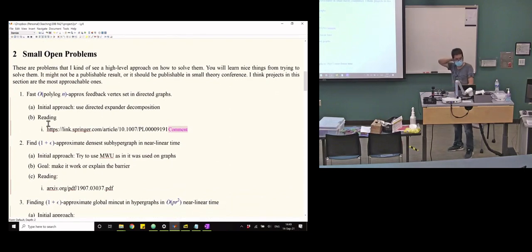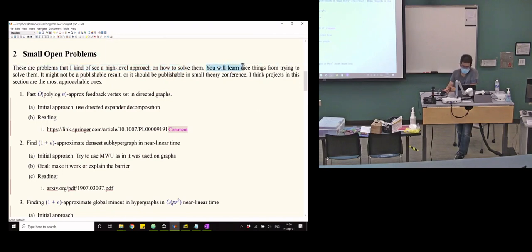And so let me talk about some problems that I think are really possible for people to try. So the first thing is a small open problem. For all of these, I kind of see a high-level approach to how to attack it, and we can just talk and you can try to read papers and try to make it work out.